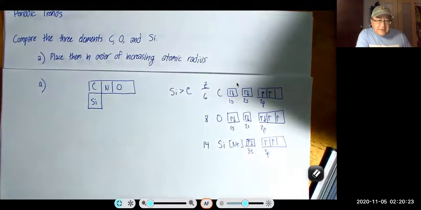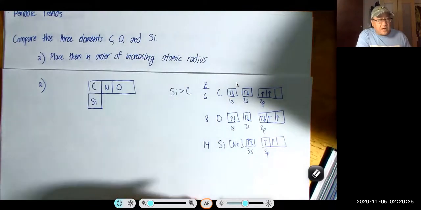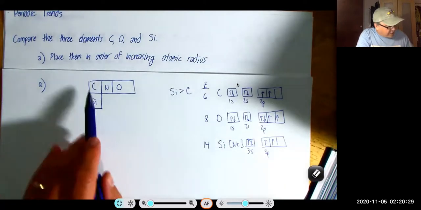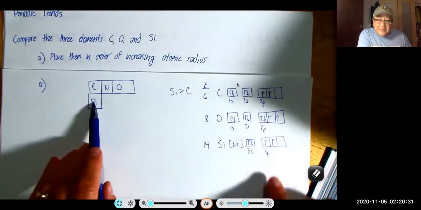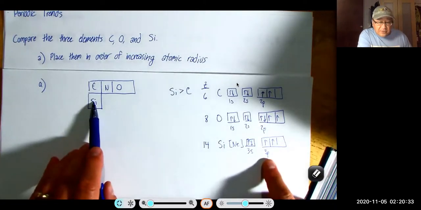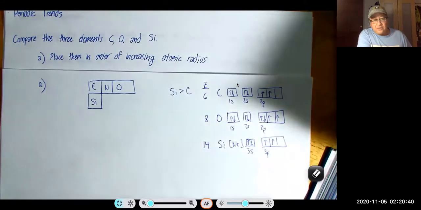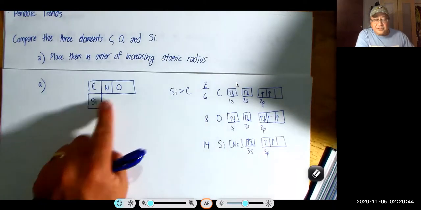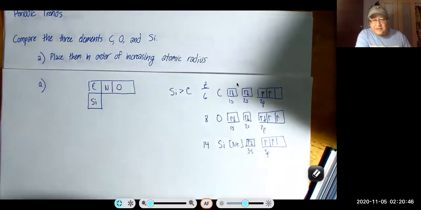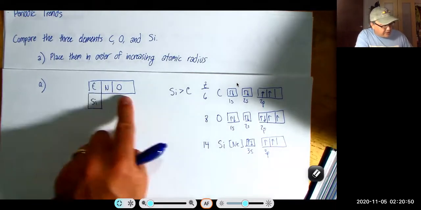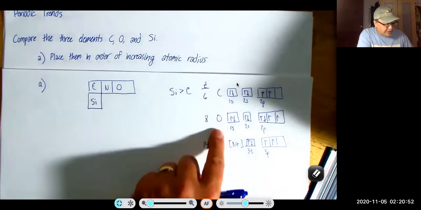So when we go down the list of reasons, we want to take a look here at carbon versus silicon. You see that the outermost occupied shell is a 3p for silicon, and it's a 2p for carbon. So that's why silicon is larger than carbon. Now here, we don't want to compare silicon to oxygen because they're not in the same group and they're not in the same period. But we can compare carbon to oxygen. So let's take a look at carbon and oxygen.